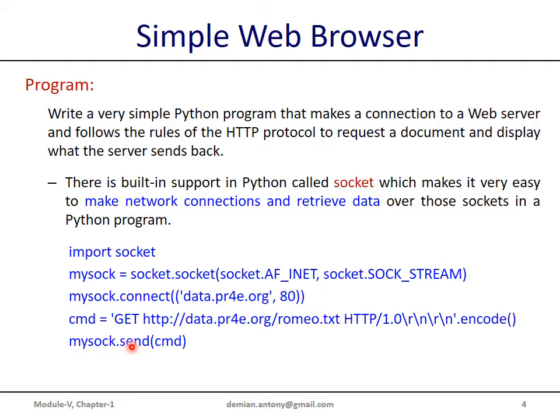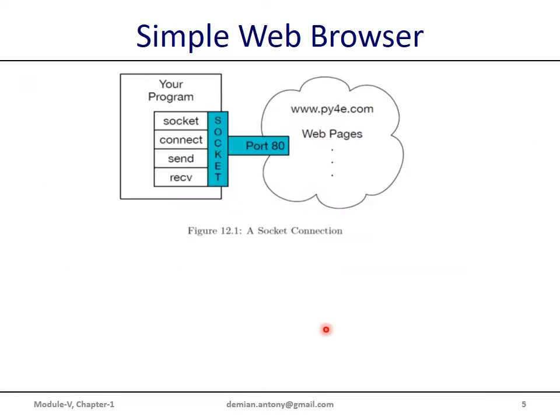So the send method, which is associated with the socket, sends this information. The information is nothing but a command to access the resource called romeo.txt. And the second portion is how do we collect the information that is received from the server. This is the pictorial representation.